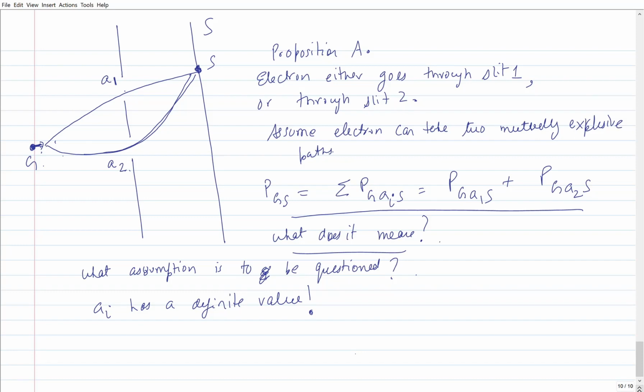So it implies that if AI has a definite value, then I have no other way but to add up these things. But let's say what I observe is different. Well, this implies that AI does not have a definite value. What does it mean? It implies that the electron does not have a unique and definite path.